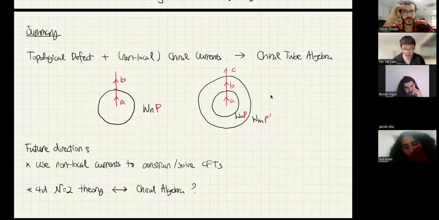So let me summarize what we have discussed in today's talk. By combining two very important notions of symmetries in 2D CFTs, namely topological defects and chiral currents, or even non-local chiral currents, we can obtain these combined objects called Chiral-2 algebras.